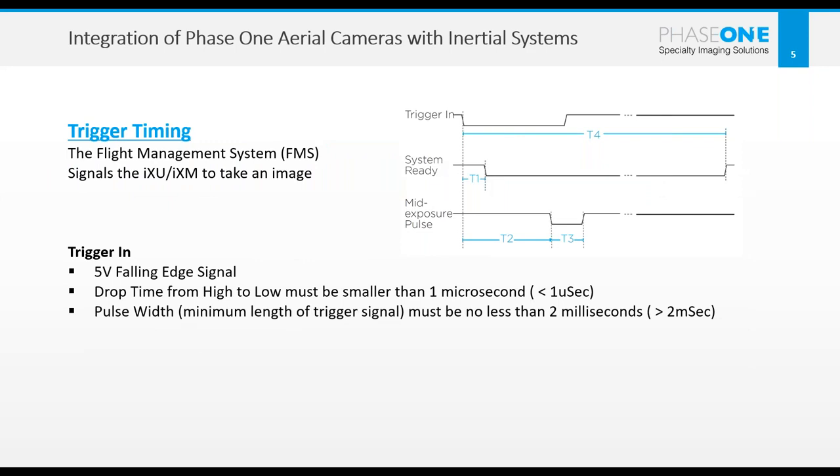As some of you may know, some of you may be expert on this, some of you may not, the flash management system can send a signal to the camera, either to the IXU or the IXM. This signal consists of a 5-volt falling edge pulse.